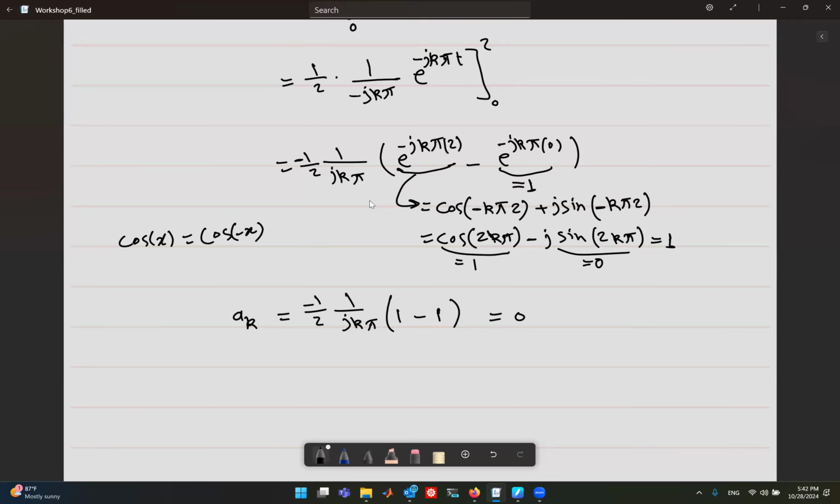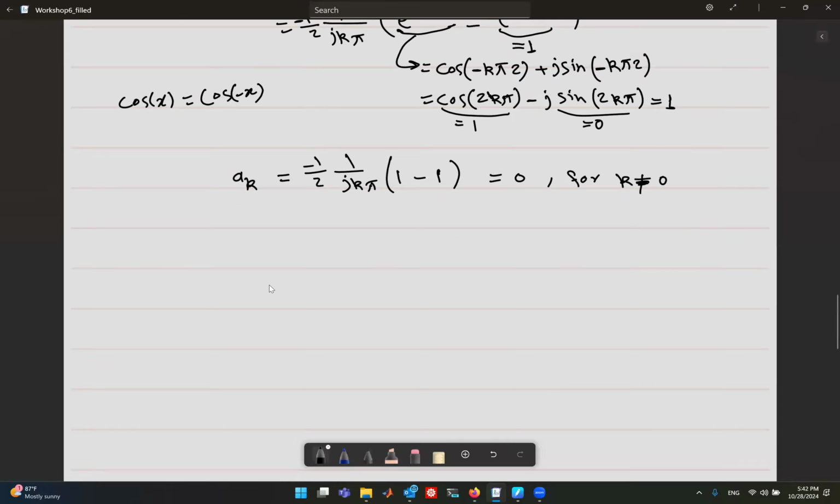Because for any k, this term will be 0, it's 1 minus 1, it's 0. But when k is 0, we'll have 0 here also. So we'll get 0 divided by 0. So AK here is for k not equal 0. We need to check the case when k equals 0 separately.